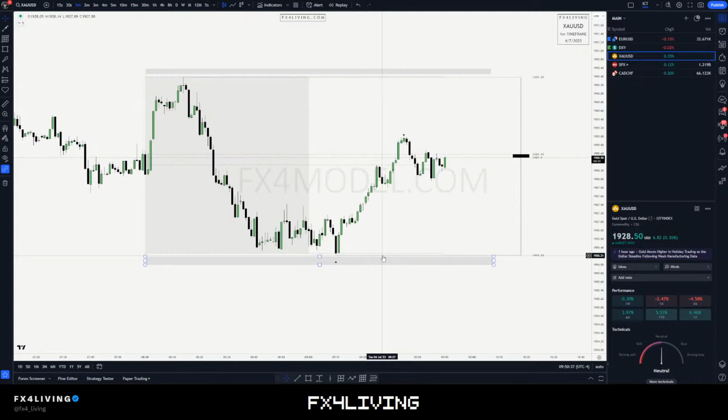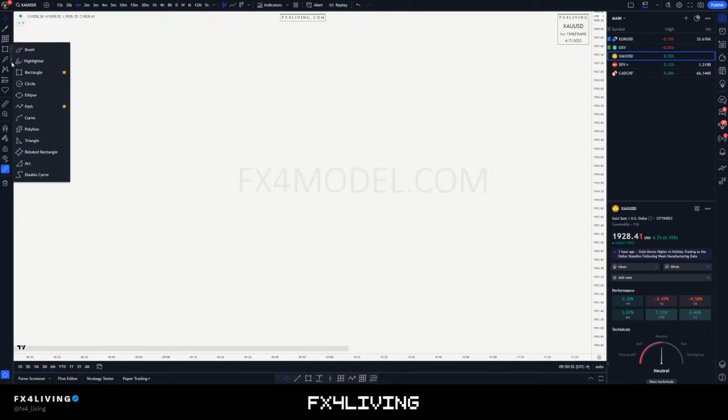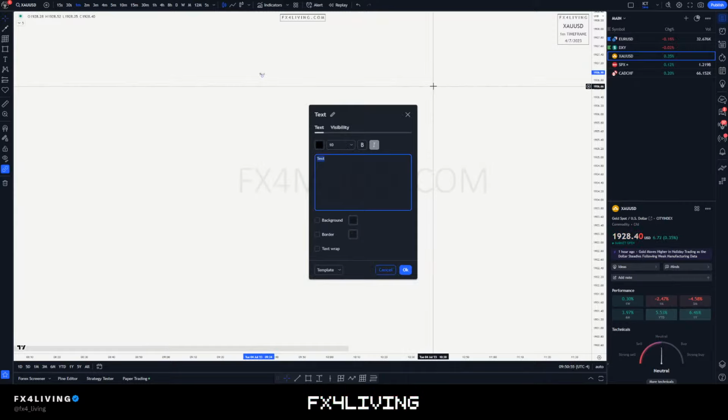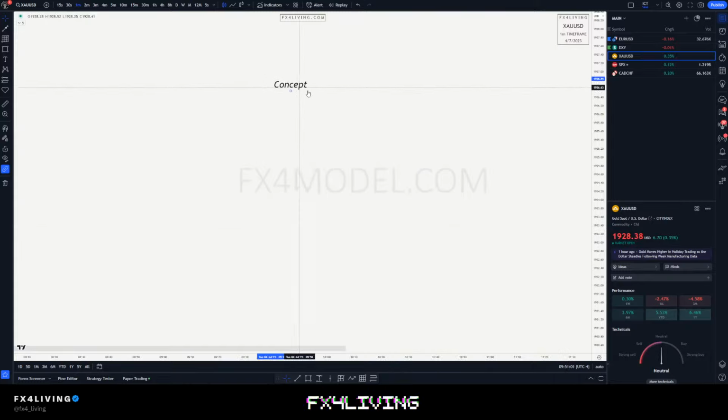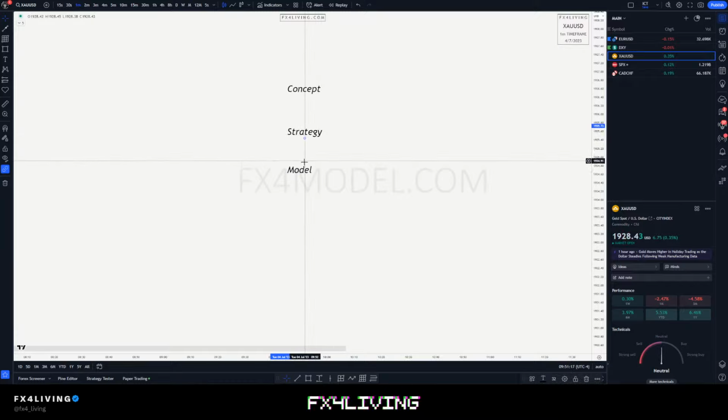But silver bullet is a model, right? It's not a strategy. It's a model. There's a big difference between a strategy, a model, and a concept, right? Look. Concept, strategy, and model.